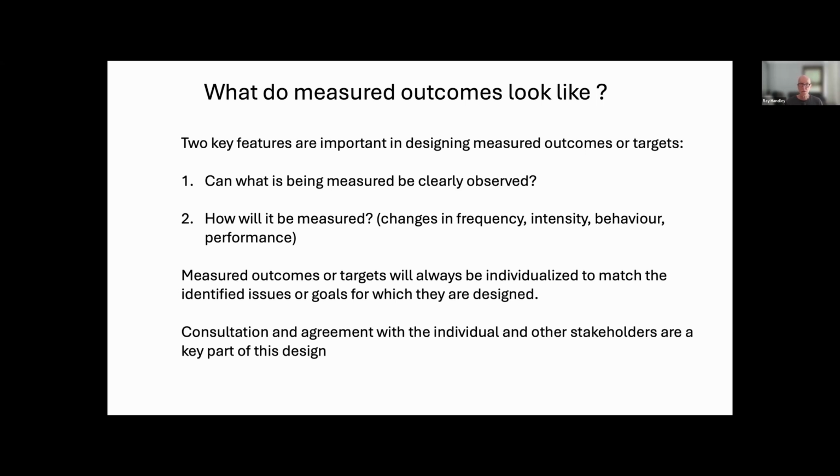So what do they look like? Well, two key features of the measured outcomes or the targets. Can what is being measured be clearly observed? Now, Amanda talked about this, I think, very clearly in one of the lectures, where she said, if someone was just coming in to sort of buddy up with you on a particular situation, whatever is being measured, would it be clearly able to be noticed by that person?